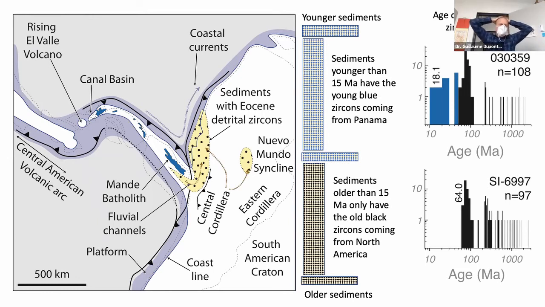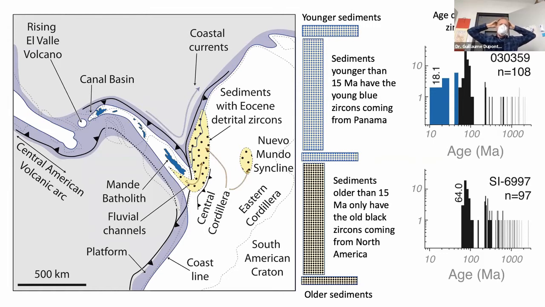Okay, any questions on this before we move on? Yeah, from my side, why do only the young ones come from Panama and not the old ones? Yeah, so no, you can get old zircons also from Panama. That's correct.